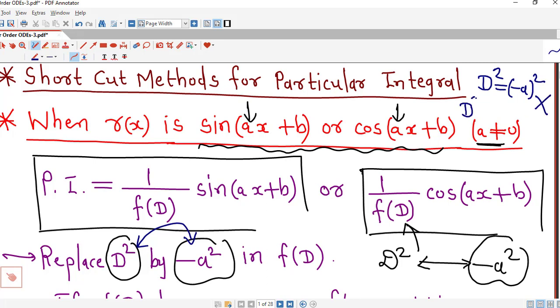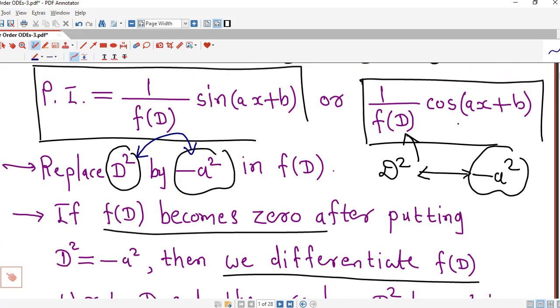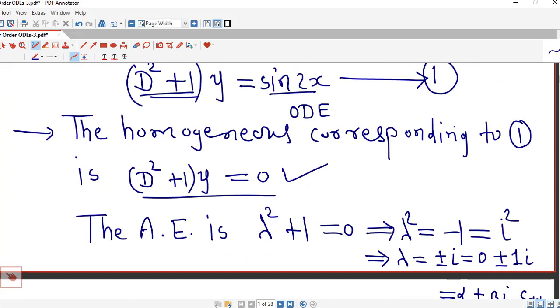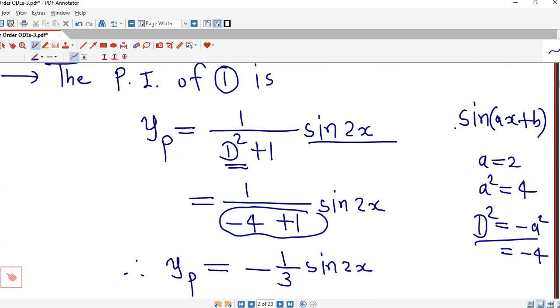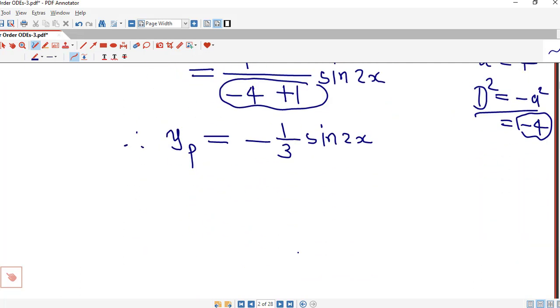We are replacing D square by negative of a square. It is minus of a square, not minus a whole square. So we will remember this thing. So this is one example in which, if we replace D square by minus a square, here minus a square is minus 4, then we obtain a non-zero term, and this is our particular integral.